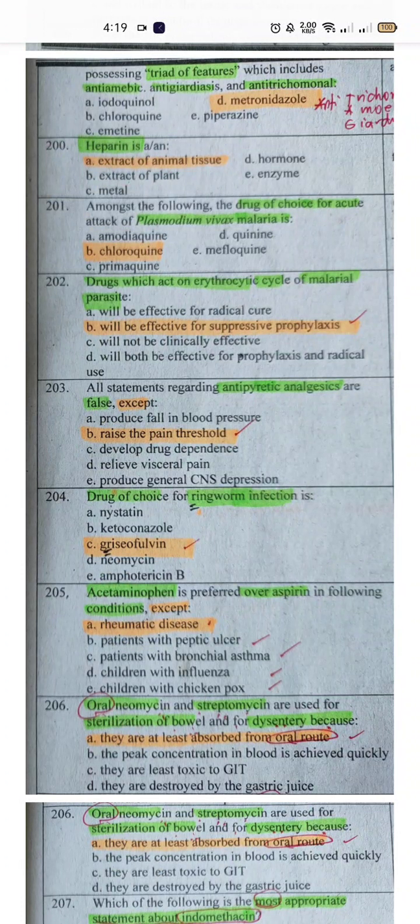204. The drug of choice for ringworm infection is griseofulvin. It is recommended for the systemic treatment of refractory ringworm infection of body, nails, hair, and feet, such as tinea corporis, tinea capitis, and tinea pedis, caused by various species of dermatophytic fungi, which include trichophyton, microsporum, and epidermophyton.